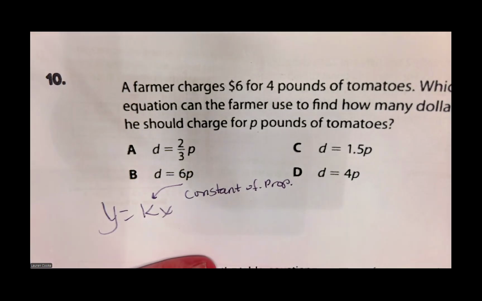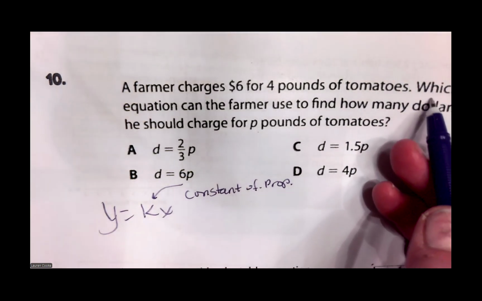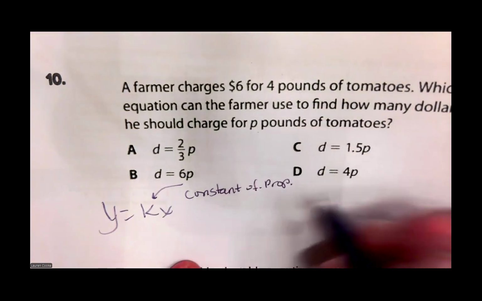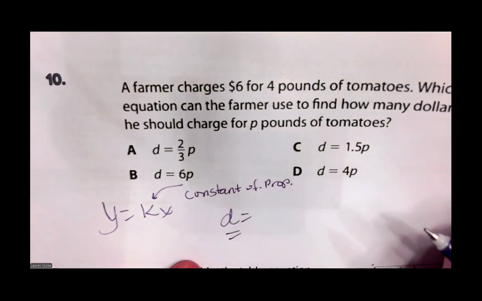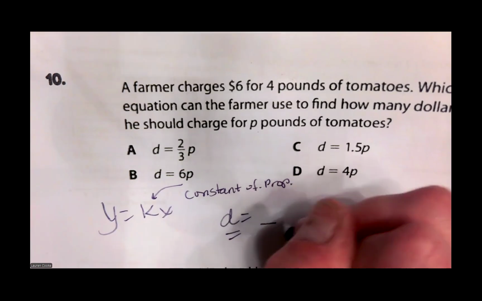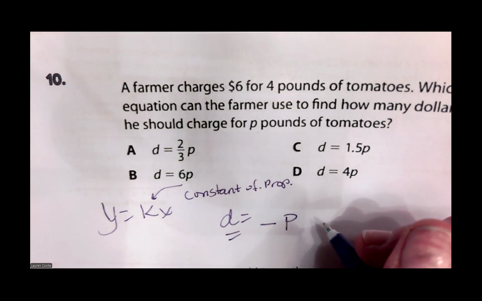I'm going to get that from here, where I read the order of the words, which equation can probably use to find how many dollars. So if I'm asked to find how many dollars, that's what D equals. That goes on one side. And then how much he would charge for blank pounds of whatever it is that they're talking about.